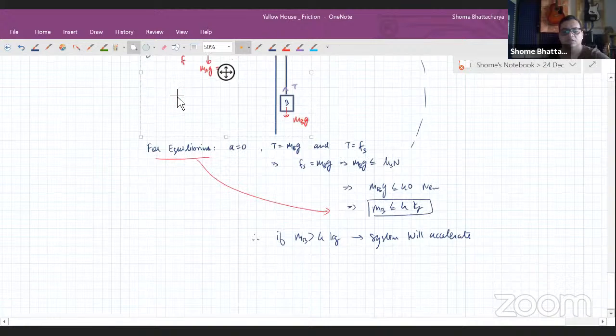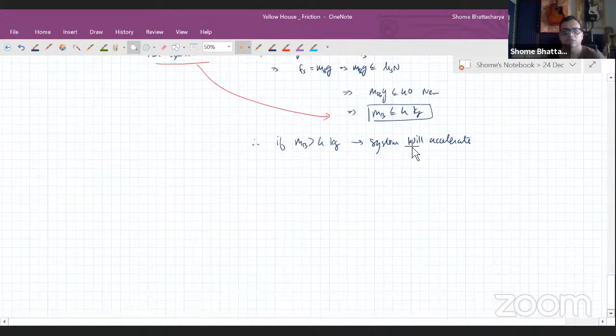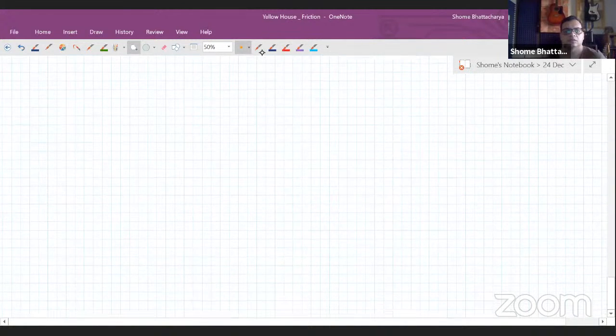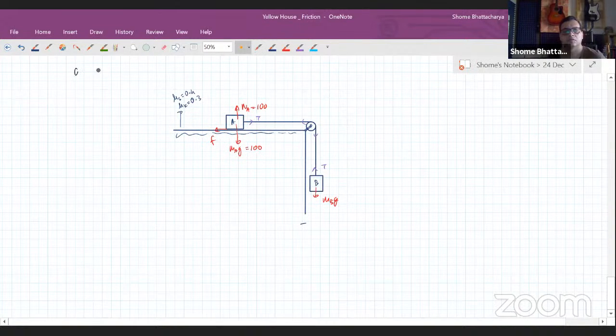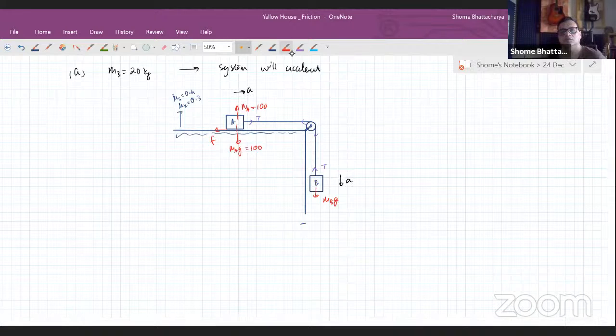So that is why in both the individual parts I've given you, there will be acceleration. Okay. So therefore, the system will accelerate. And this friction will be kinetic friction.